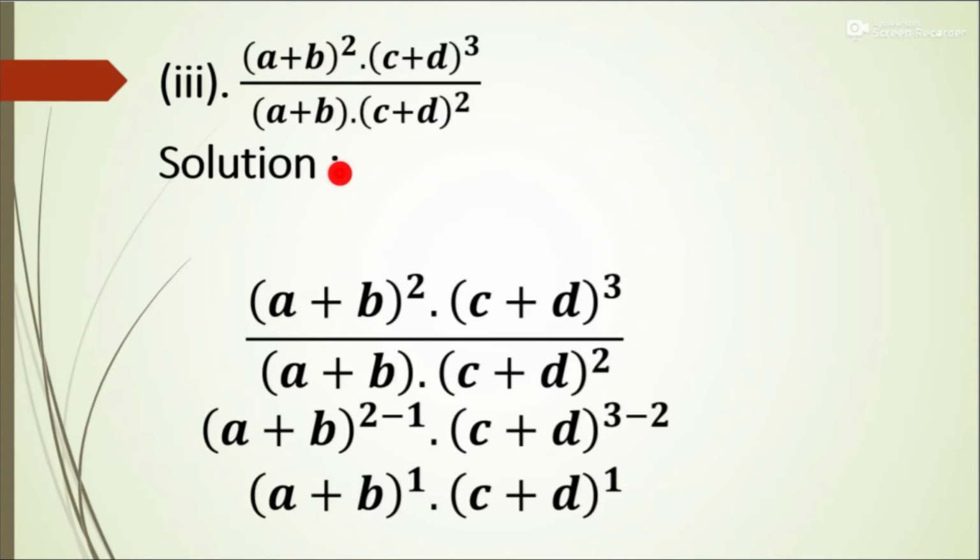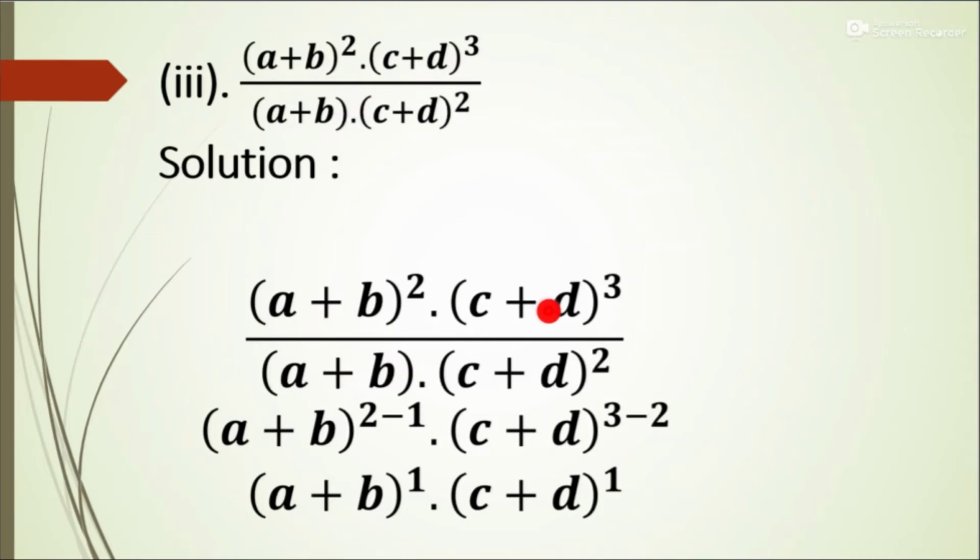Now question number 3. We change this: a plus b to the power 2 dot c plus d to the power 3, divided by a plus b dot c plus d to the power 2. Now the bases are the same: a plus b in the numerator and denominator.